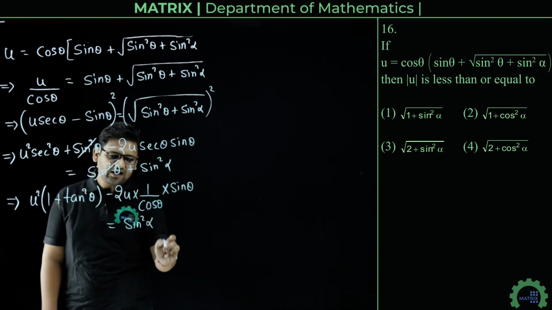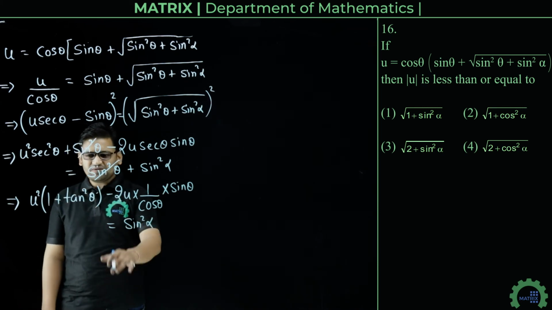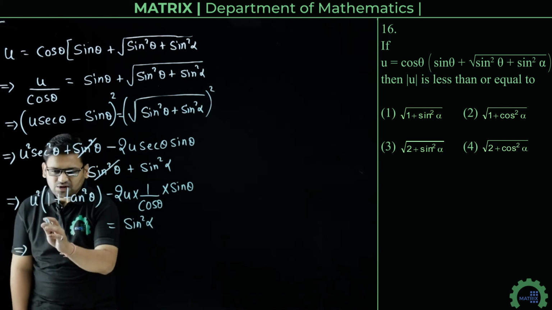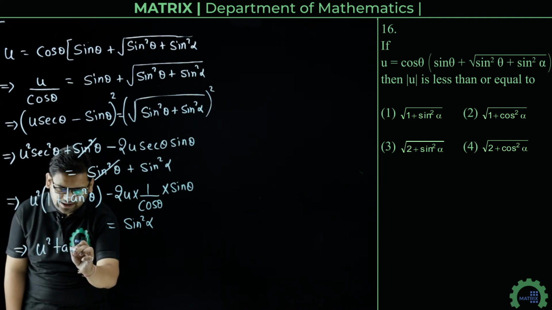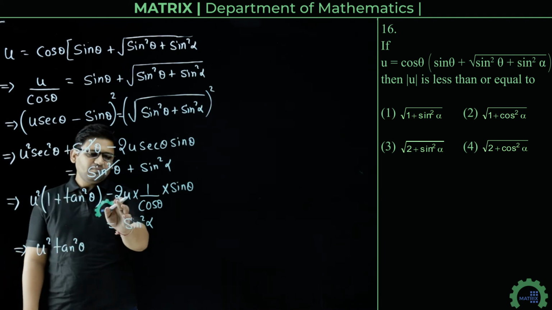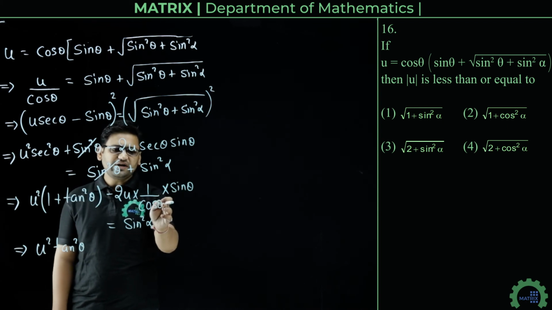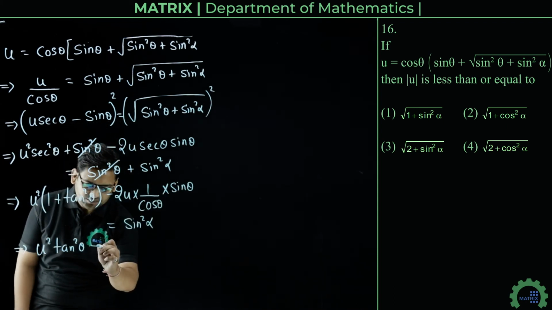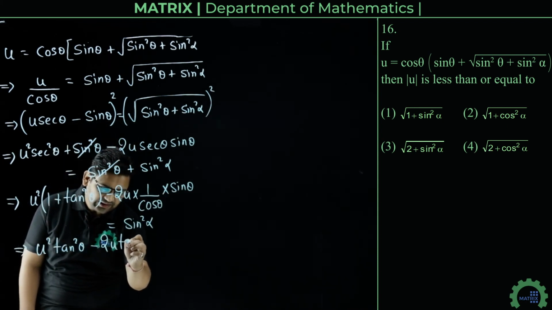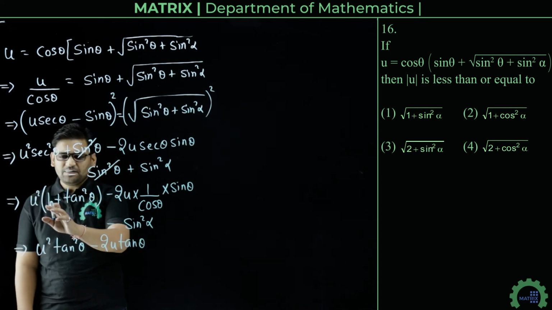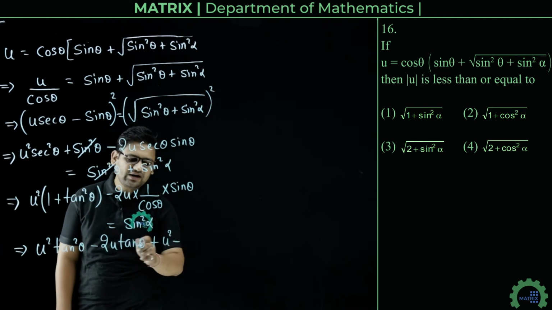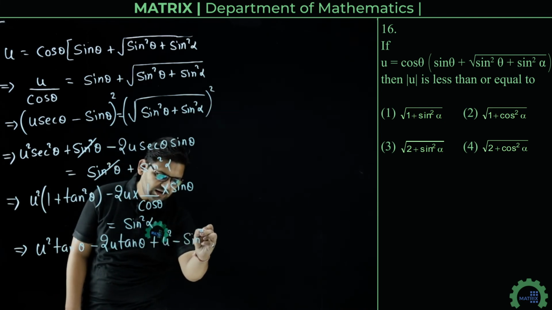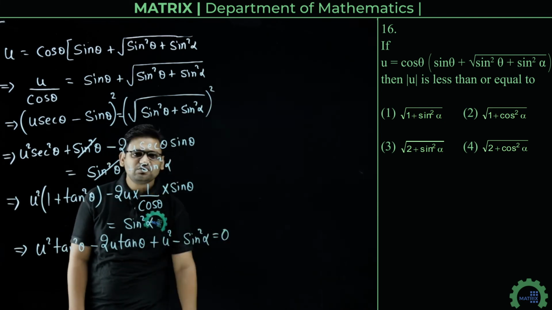Again on simplifying this, we get u square tan square theta minus 2u sin theta upon cos theta, that is minus 2u tan theta, plus u square minus sin square alpha equals 0.